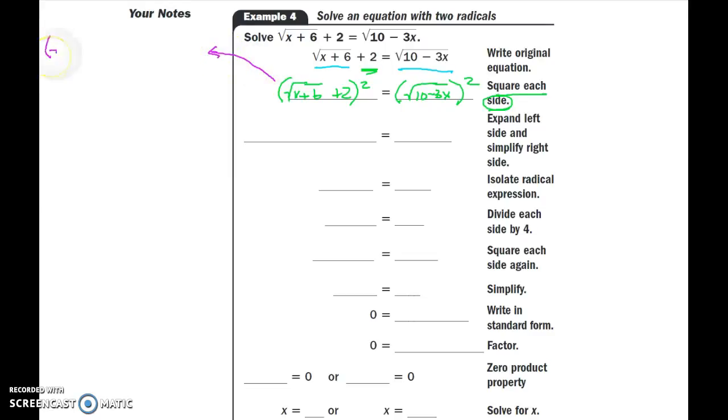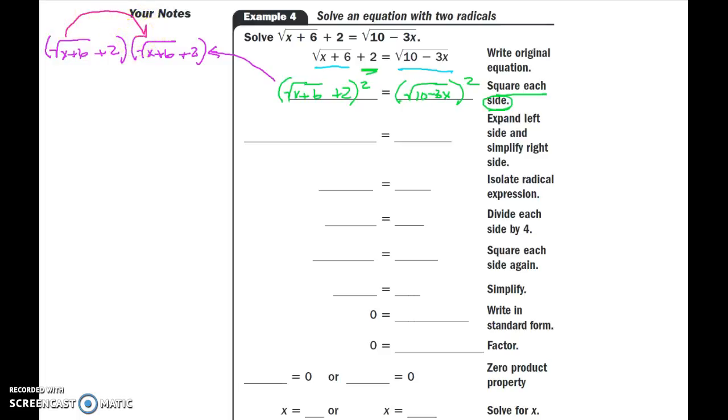So we have the square root of x plus 6 plus 2 times the square root of x plus 6 plus 2. And we're going to use our FOIL pattern to multiply this. So first, I take the square root of x plus 6 times the square root of x plus 6.